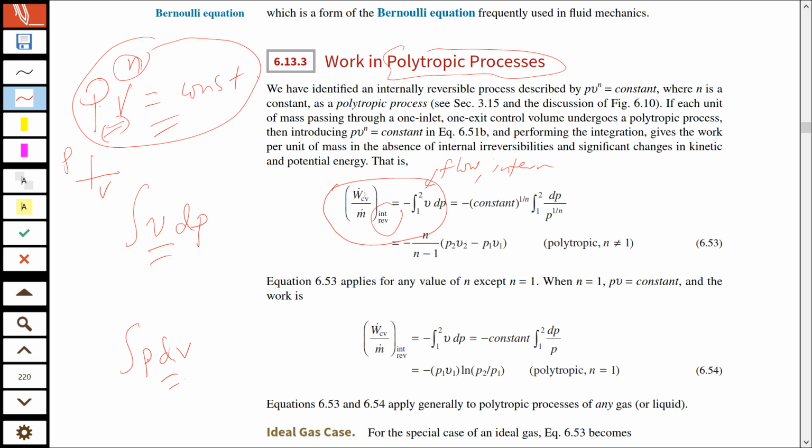On a PV diagram, the area under the curve will be the integral PdV, and the area above, within some limits, will be the integral VdP. You can take advantage of this relationship to simplify this.